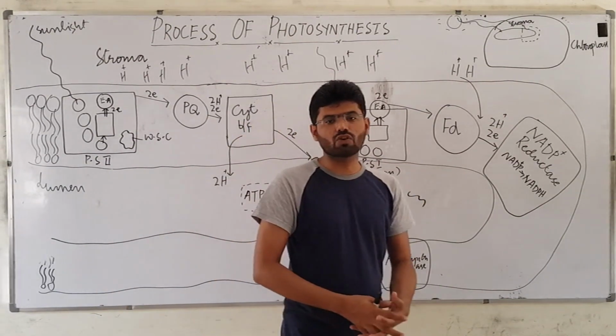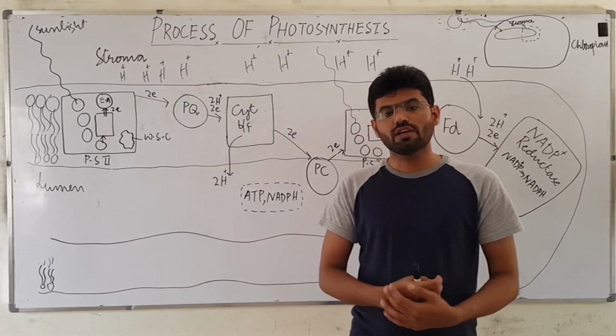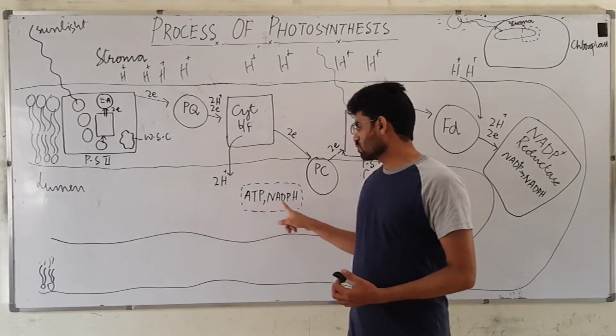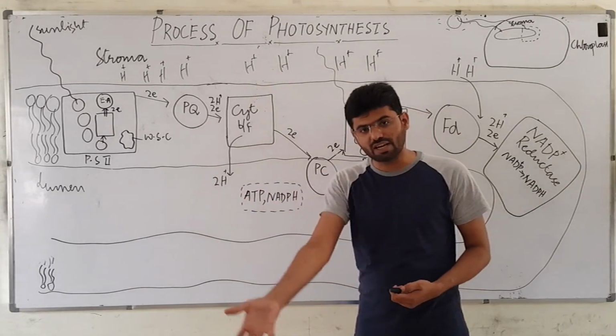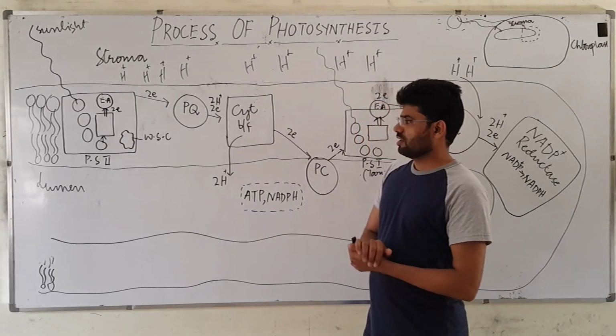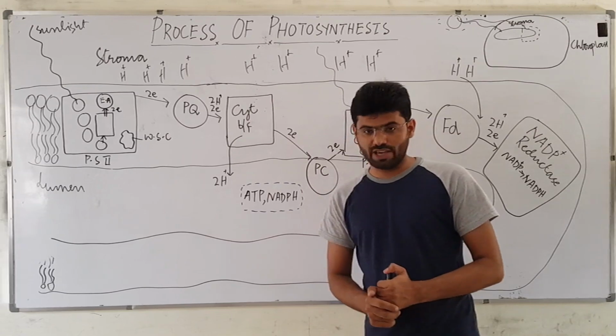Both of these are energy carrier molecules or electron carrier molecules, so basically these two are to be synthesized during this chemical reaction, which is called the light dependent reaction.